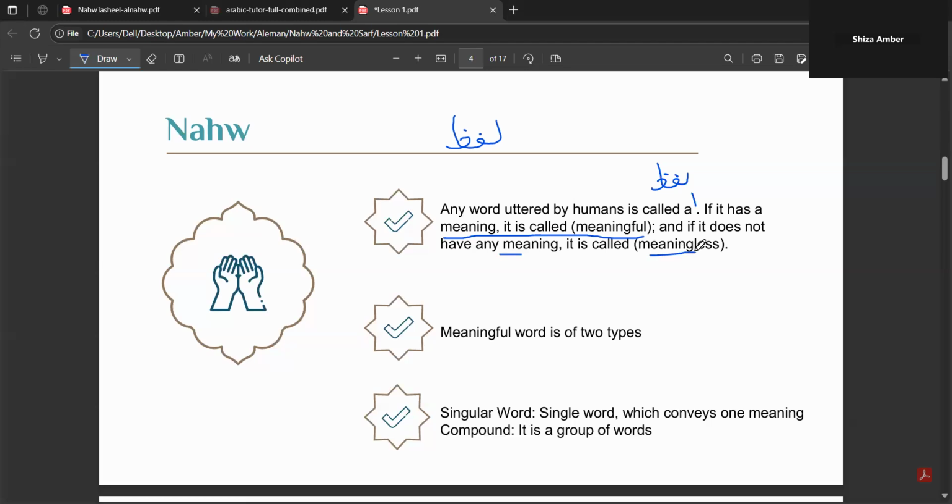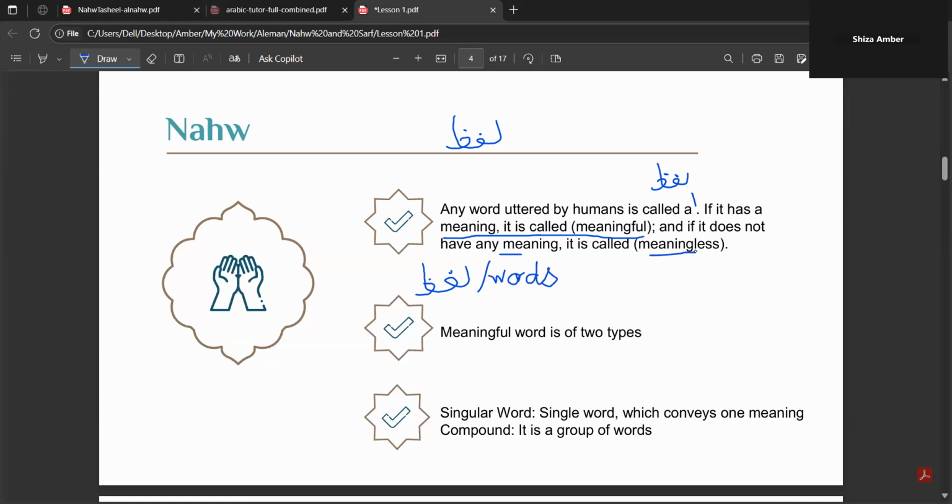For example, babies make those gibberish voices that we can't understand. Those are meaningless words, but that is also a lafz. Lafz in English is known as word. Lafz or word, they're the same thing.